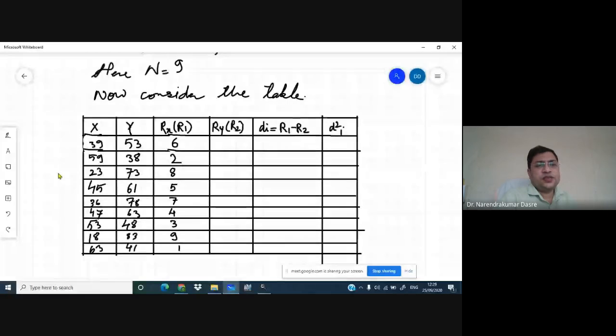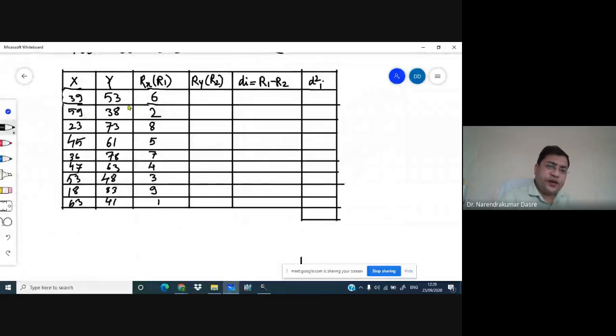Now similarly we have to do it for y. What is the maximum value of y we have? You can see the maximum value is 83. So this is going to be rank 1. Then after that we have 78, so we have rank 2. 73, rank 3. Then what do we have after 73? 63, rank 4.